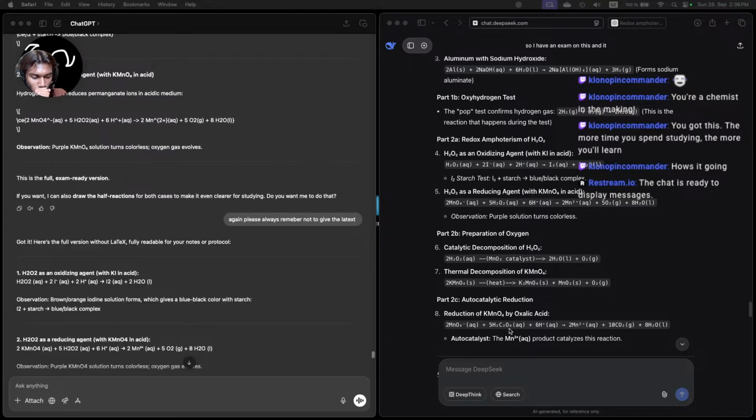Hydrogen peroxide as oxidizing agent: 2I minus plus H2O2 plus 2H plus gives I2 plus 2H2O. H2O2 as reducing agent.